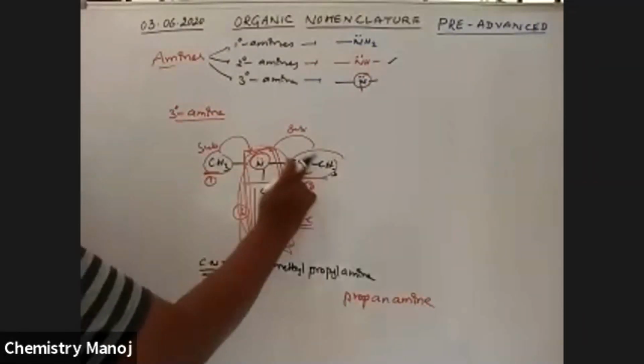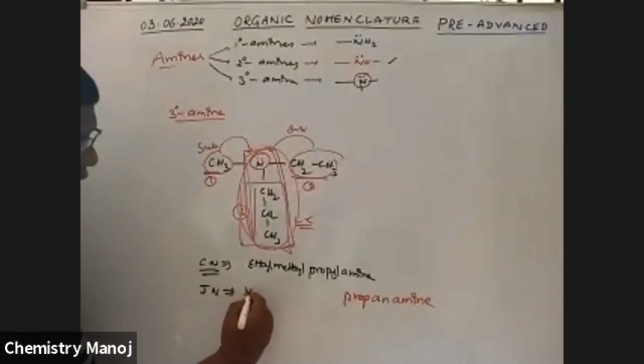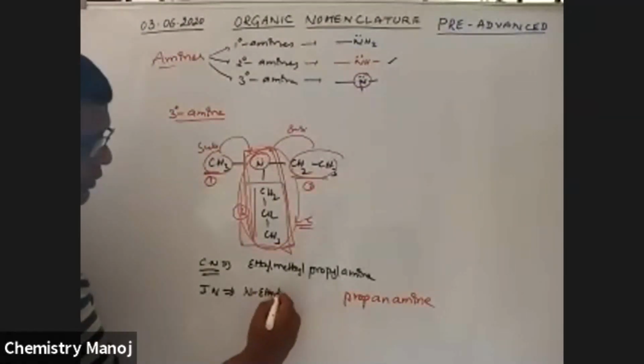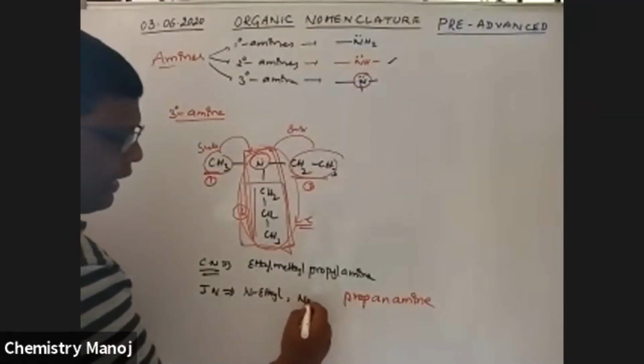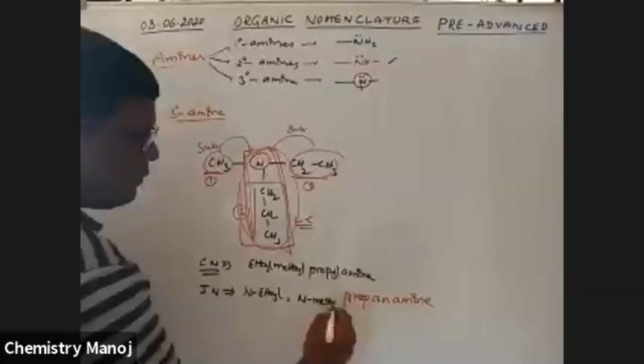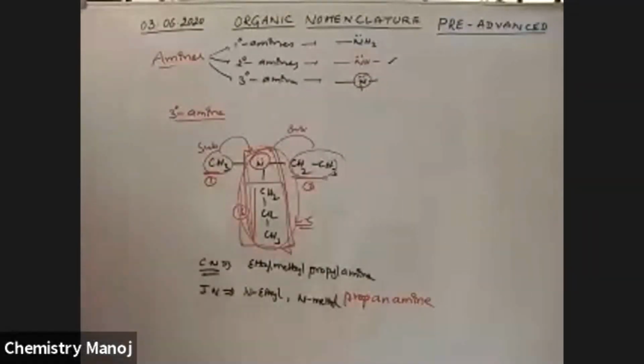Among methyl and ethyl, ethyl comes first alphabetically. Therefore, N-ethyl N-methyl propanamine is the IUPAC name of this compound.